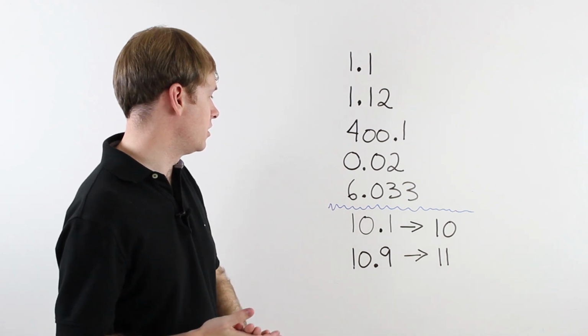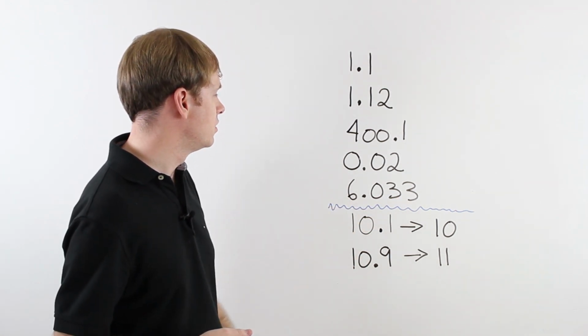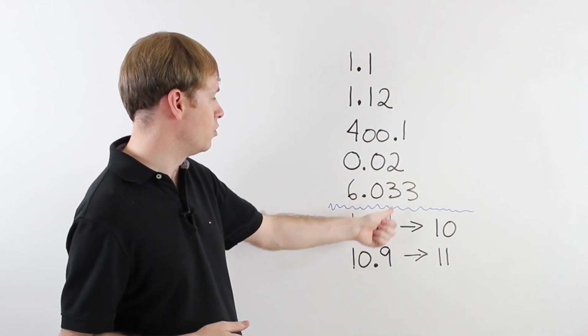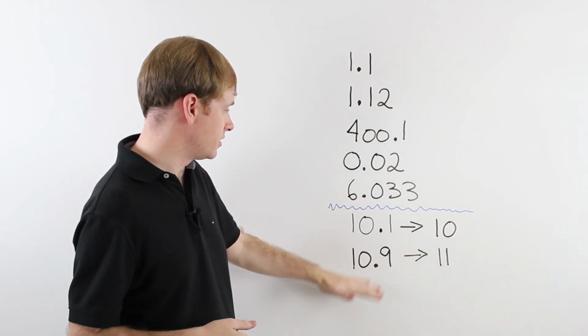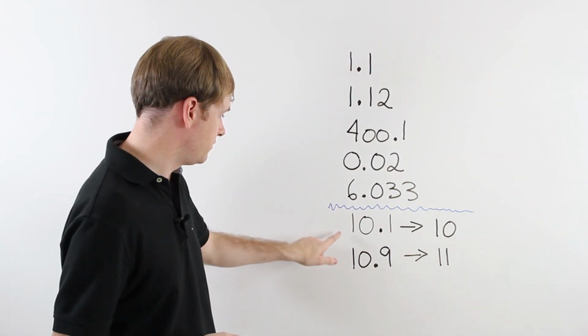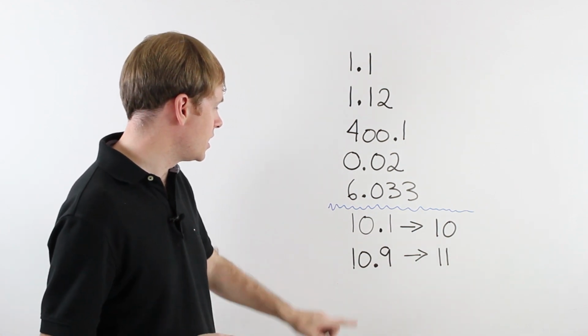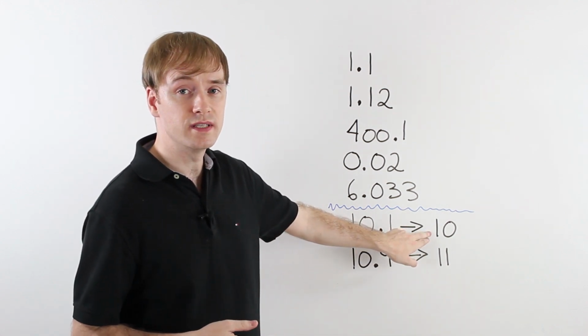The next number here. We have more numbers. So 6.033 or 6.033. Okay, let's move down to the last 2 numbers here. We have 10.1 and 10.9. Now 10.1 is very close to 10.